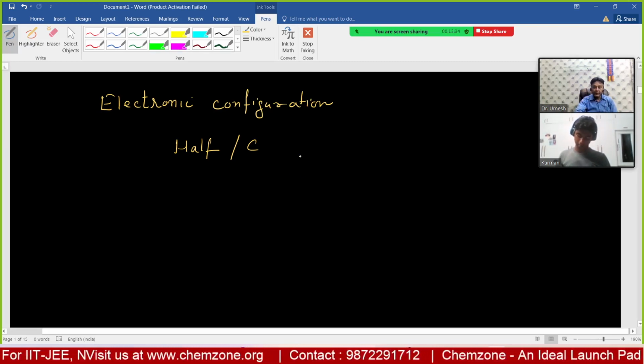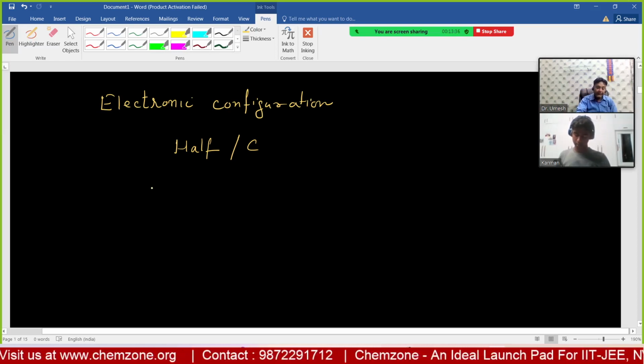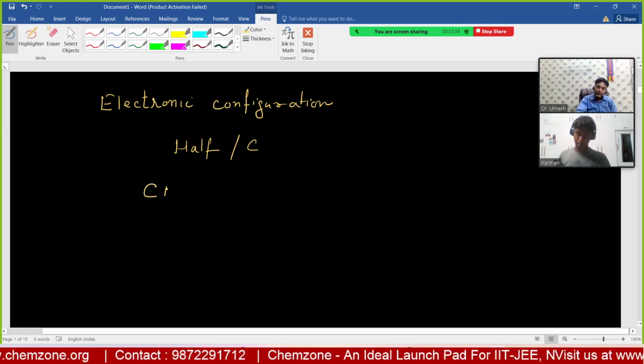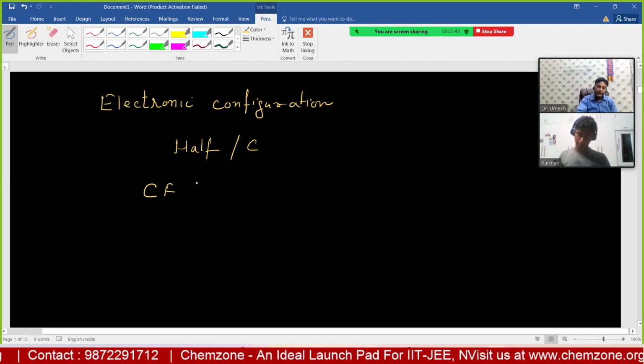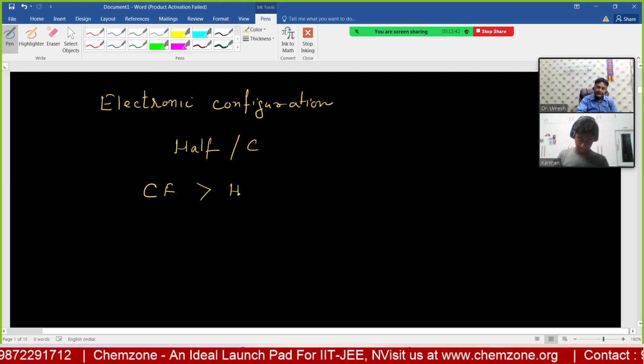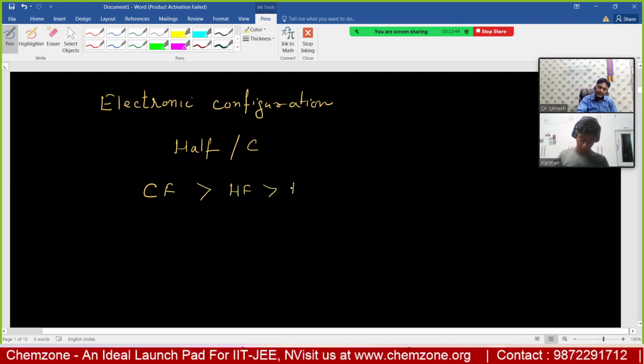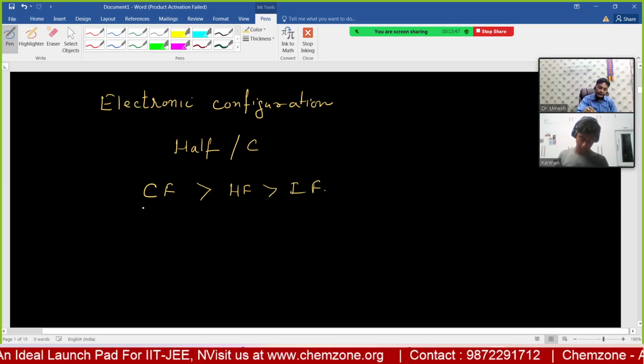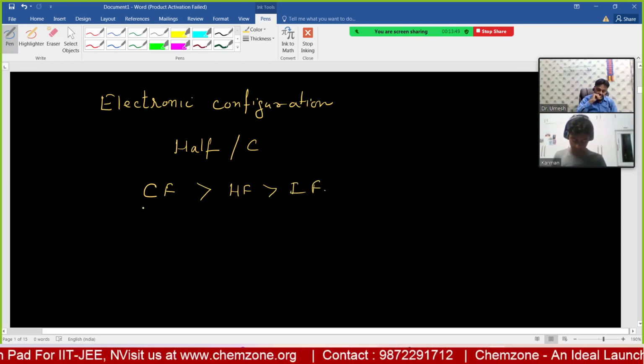Right? So maximum energy is required to remove an electron from completely filled, less from half filled, and least from incompletely filled.